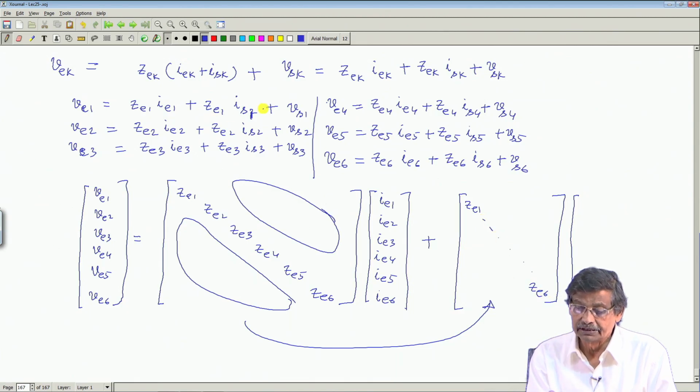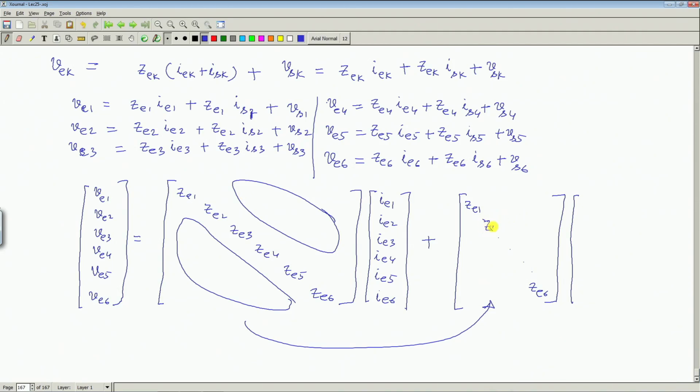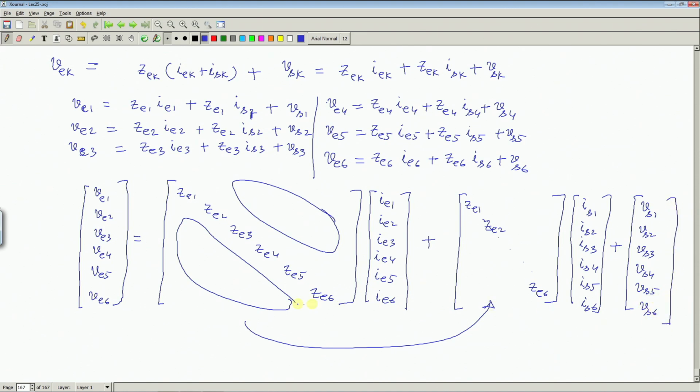You see ZE1 into IS1 plus ZE2 into IS2, and this column will be IS1, assuming all the branches are having current sources, IS4, IS5 and IS6, and plus a column vector only, it has got no Z, which will have all the source voltages present. Got the point? This will be the equation.